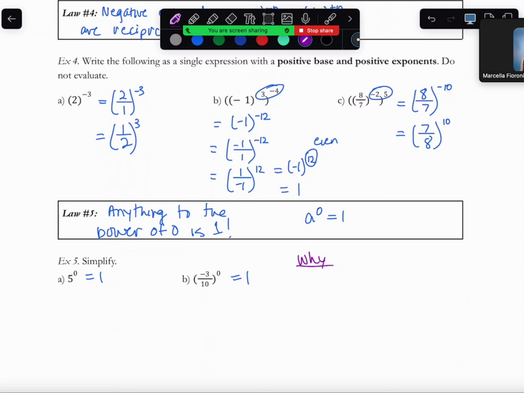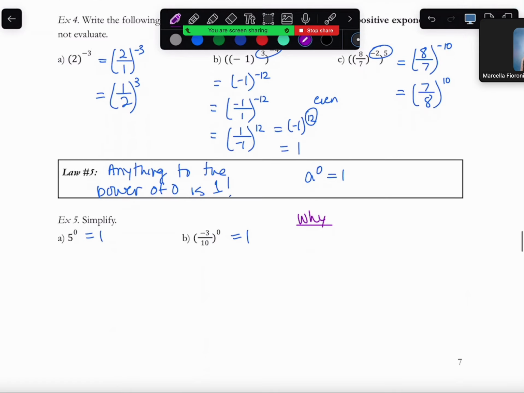The reason is because anytime an exponent is 0, it means you have the same number of items in the numerator as the denominator. Let me give you an example. 8 to the power of 3 over 8 to the power of 3 is 8 times 8 times 8 over 8 times 8 times 8.